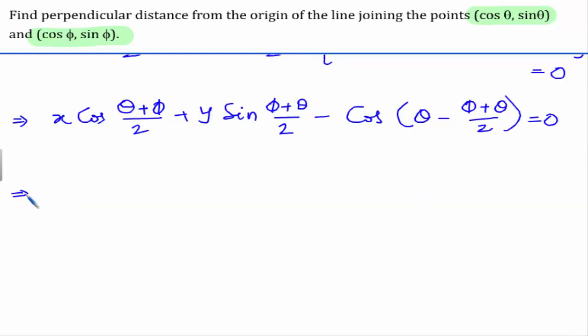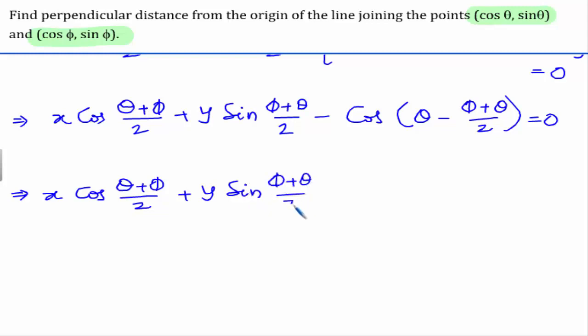Now this can be simplified as x cos theta plus phi by 2 plus y sine phi plus theta by 2 minus cos theta minus phi by 2.